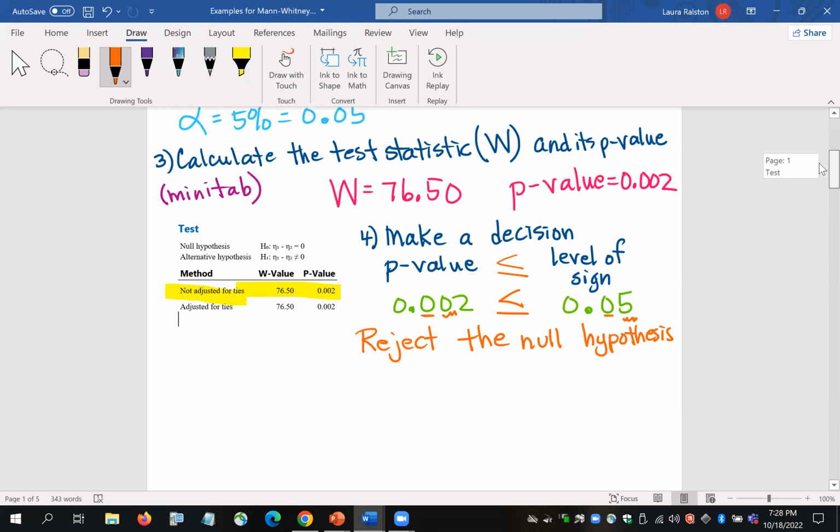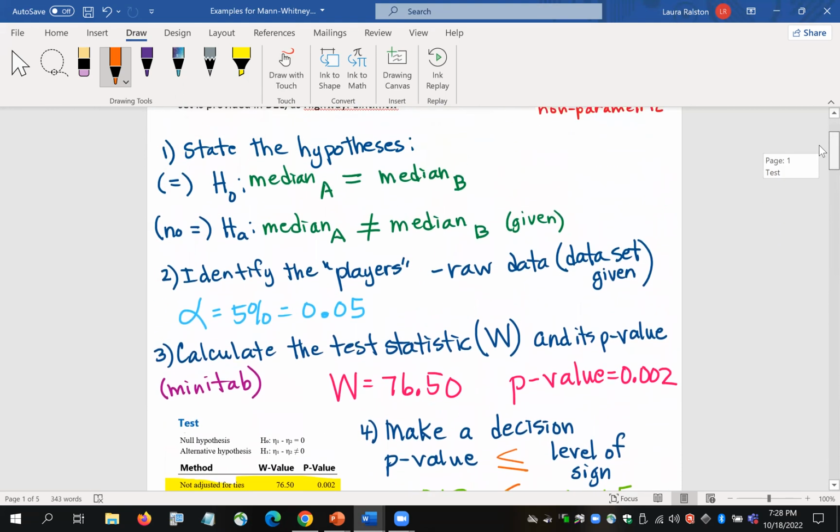Now, in this context, let's think about what that means. Okay, again, if we reject the null, that means that the null is false or invalid, and the alternative is true or valid.